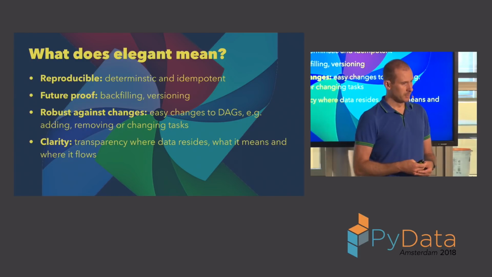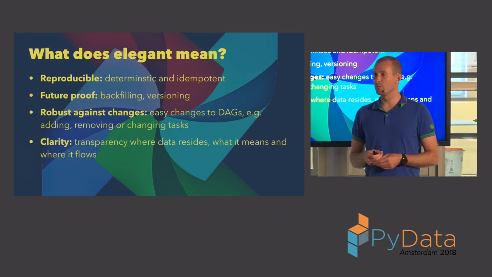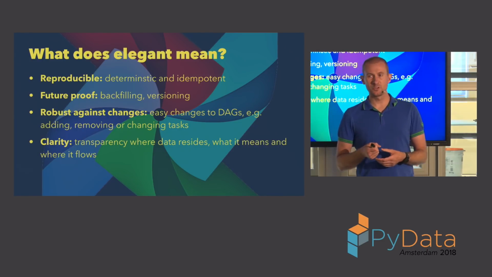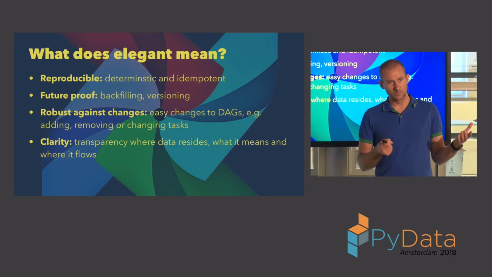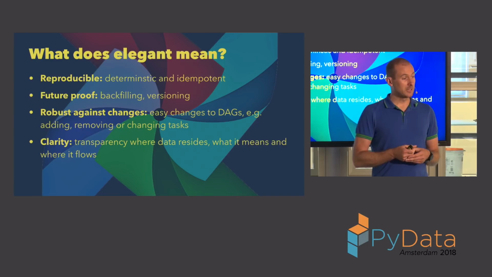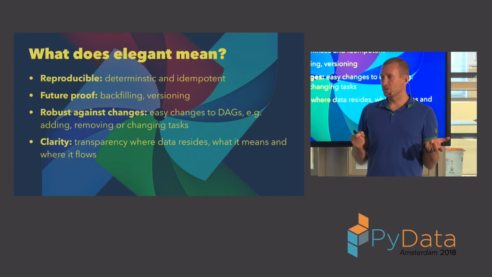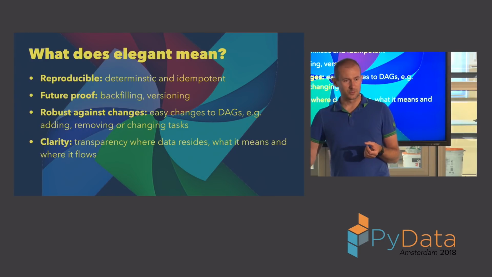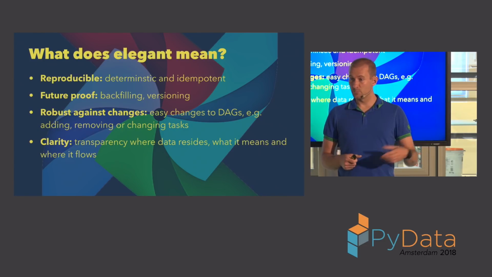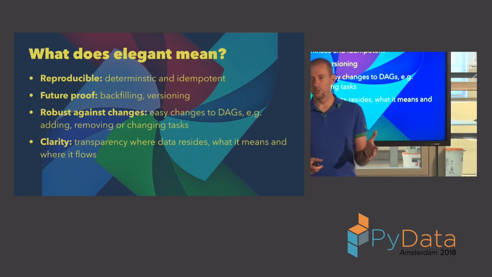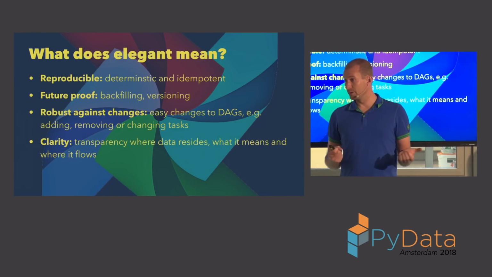And then finally, this is maybe becoming more interesting since the GDPR introduction, but also since maturing and understanding what data engineering is about and what happens there: clarity about where data resides, what it means and where it flows is actually quite important. It's not just important, for example, for the GDPR, but actually important for your data science. Where did that one transformation happen? Why did it happen? What did it change? And can I do this again in the future, or can I do it again in the past?